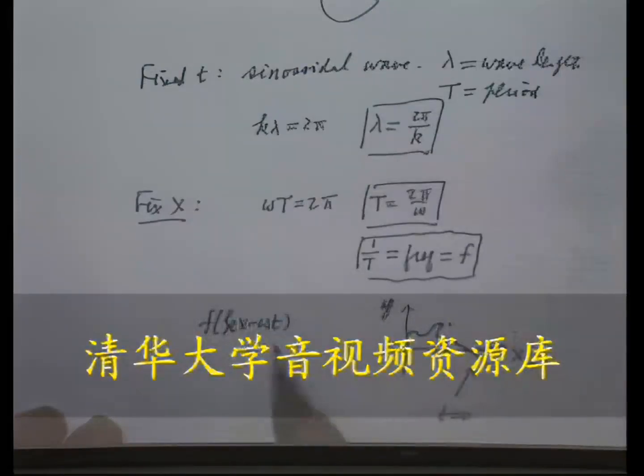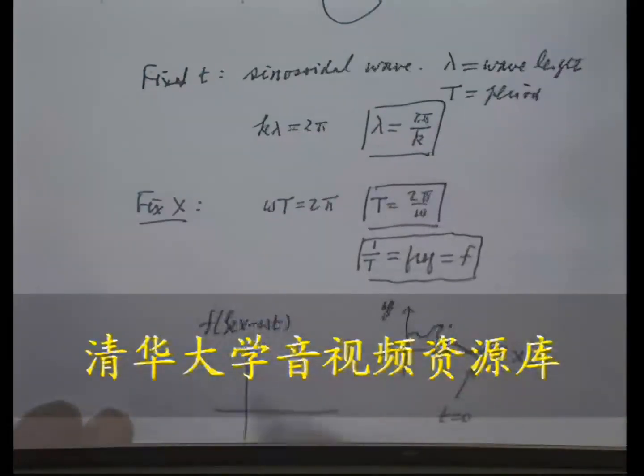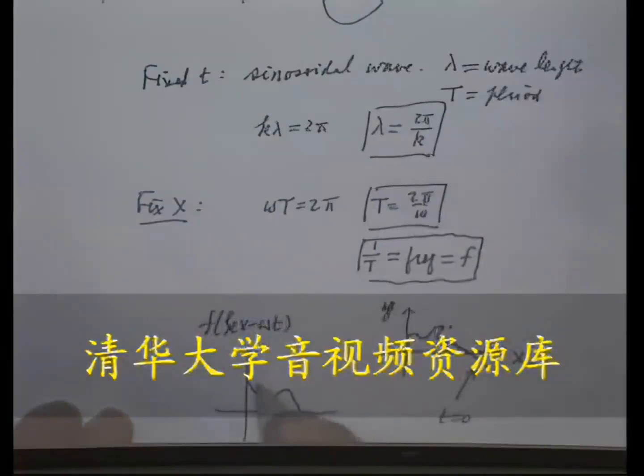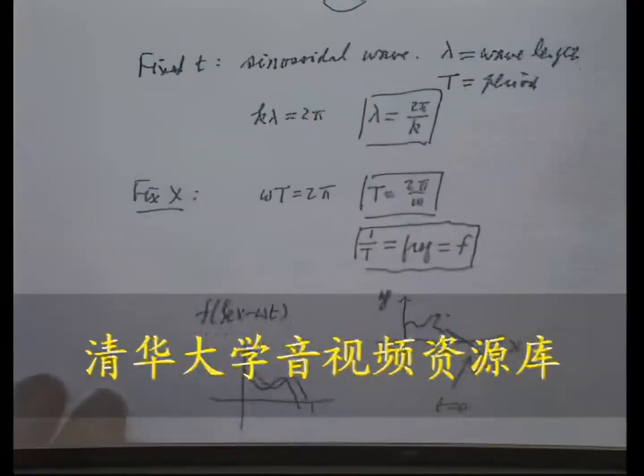So when t increases, the whole curve is moved to the right. This is at t equal to 0, this is at t equal to delta t.